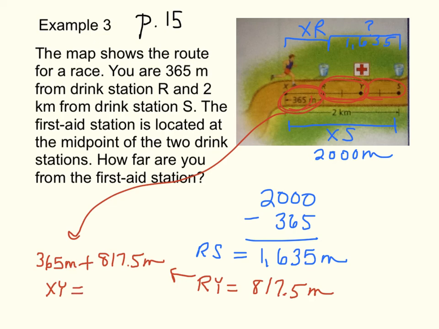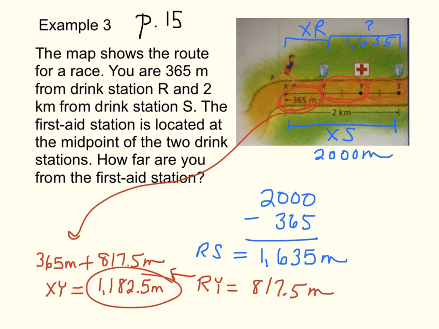If we added 365 plus 817 and a half, you would get 1,182 and a half meters. So you are 1,182 and a half meters from the first aid station. Notice that you use the definition of a midpoint and the segment addition postulate to solve this problem.